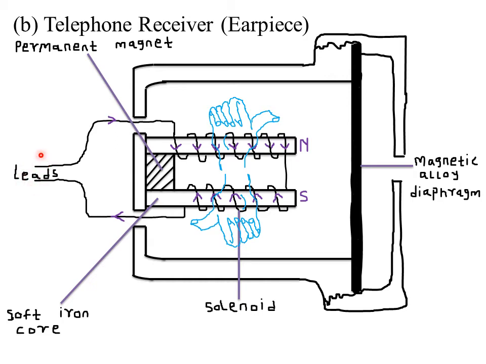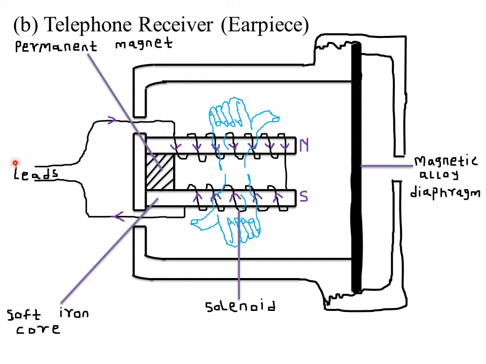Although we'll learn further about that in a topic in Form 4 that deals with electromagnets, things to do with Faraday's law. We'll look at further working of such instruments, or production of electricity, in Form 4. But essentially, you need to know that whenever a person speaks through a microphone, the microphone has a diaphragm.